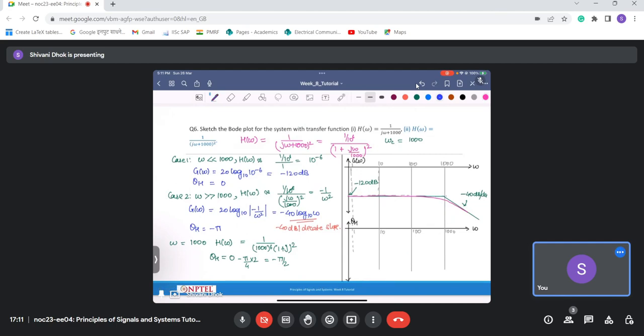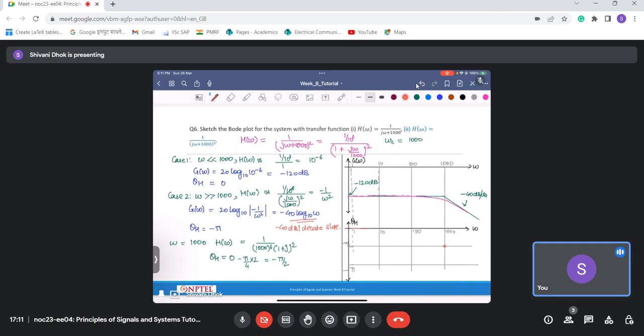Similarly, if we look at the phase, it is minus pi by 2 at omega c, that is the corner frequency, and it is minus pi after that. So let's say this is minus pi, and this is minus pi by 2, and this is what we get at omega equal to 1000.